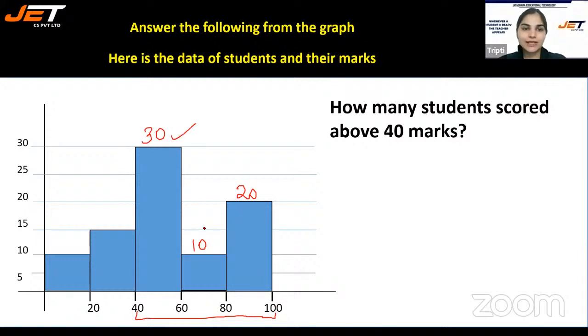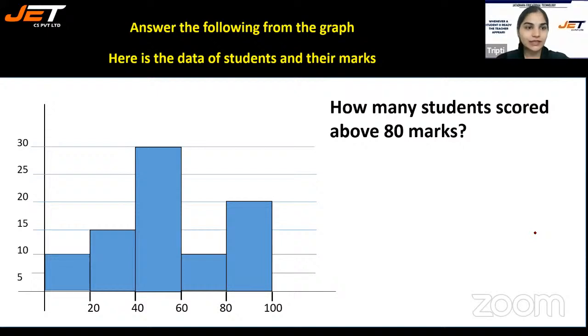So 30 plus 10 is 40, plus 20 is 60. That is the number of students who scored above 40 marks. Next question. How many students scored above 80 marks? Above 80.